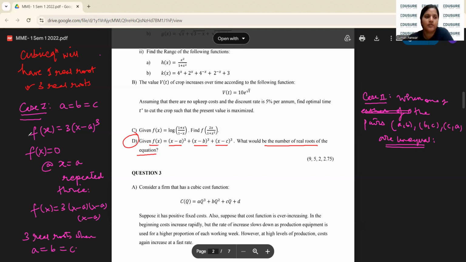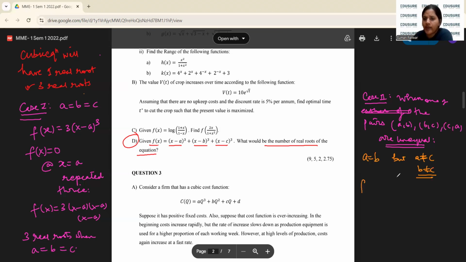Let us take an illustration. We can assume that a is equal to b, but a is not equal to c. If a is equal to b and a is not equal to c, then definitely b is not equal to c. So let us consider this case.